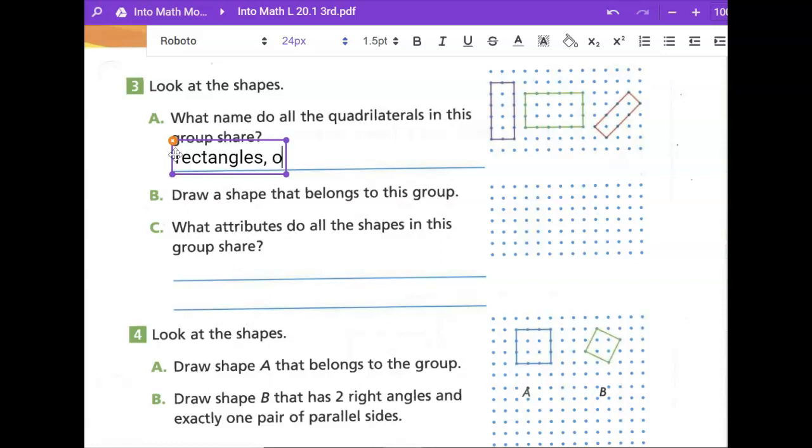So it can be a parallelogram. Okay, and what other thing can it be? It can be a trapezoid. It has 4 sides, 4 angles, and at least 1 pair of parallel sides.